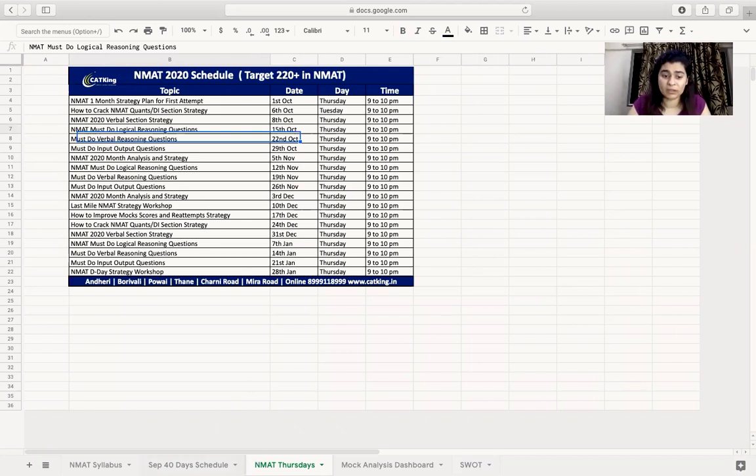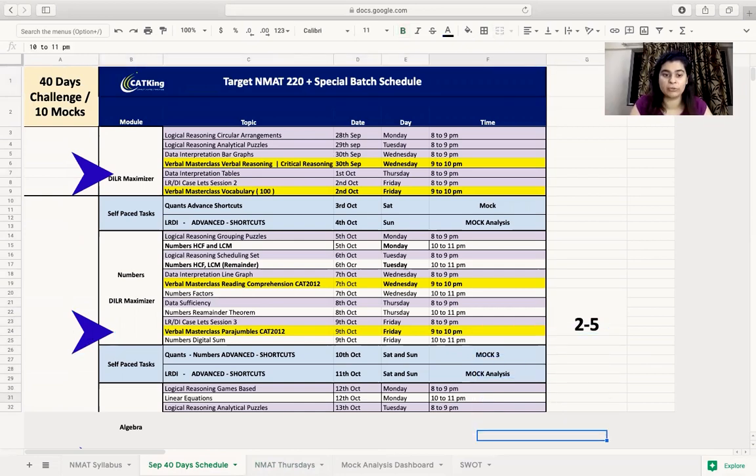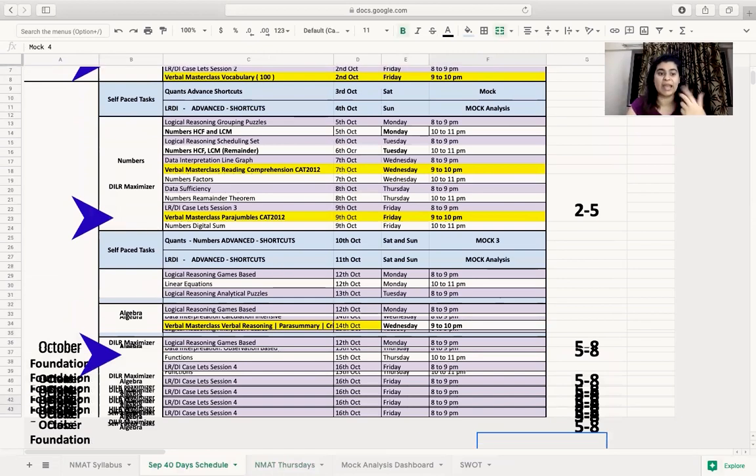Coming back to your weekly schedule, first week we do DILR. Second week is going to be fun. We will do numbers, DILR and verbal so that we are catering to all the sections of the exam. The week after that, we are again going to be doing 3 things where we will do algebra, LRDI, and verbal.